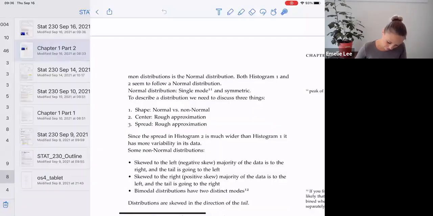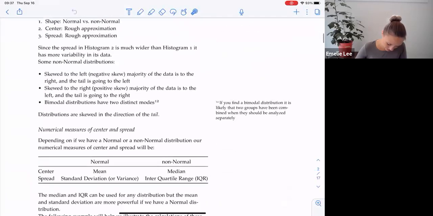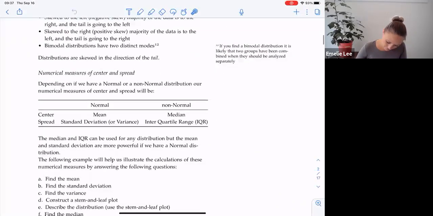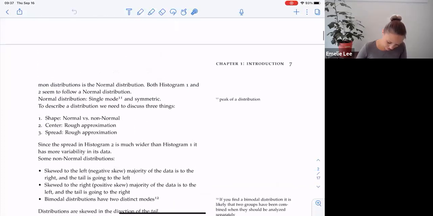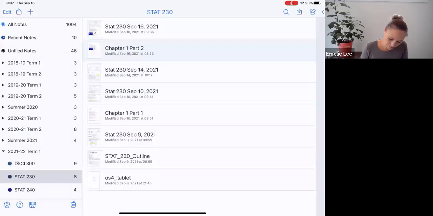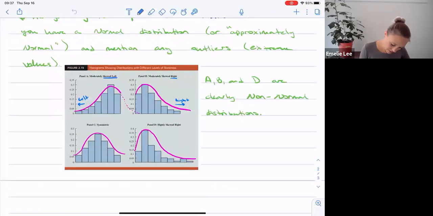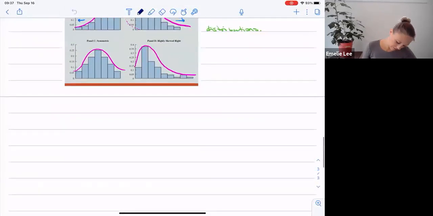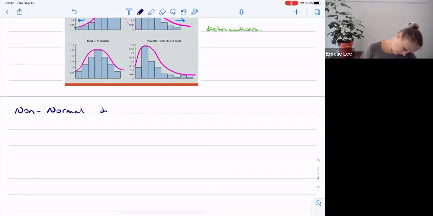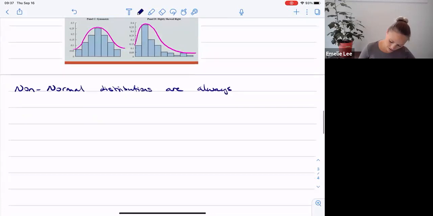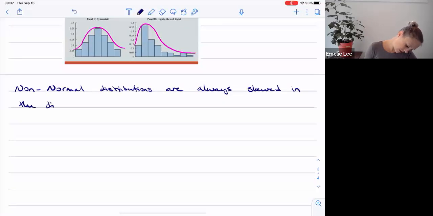Non-normal distributions are always skewed in the direction of the tail.